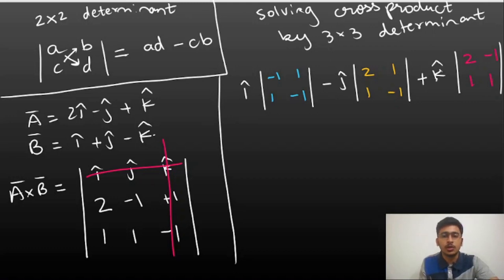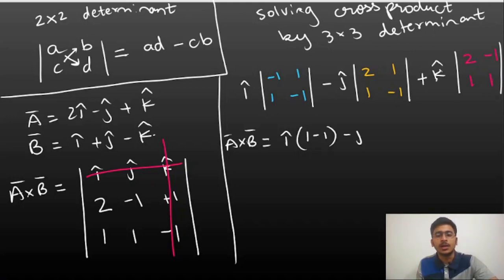So A cross B is equal to i cap times (minus 1 times minus 1 minus 1 times 1), that is AD minus CB, which is 1 minus 1, which is 0. Then j cap times (2 times minus 1 minus 1 times 1), so minus 2 minus 1.